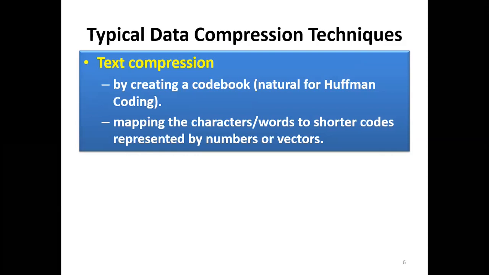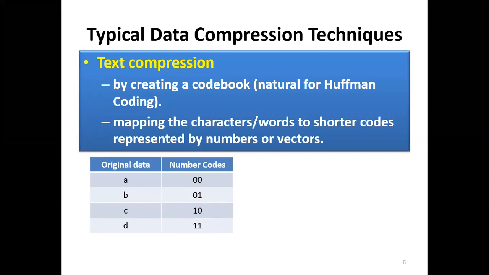We can also use a different method, like creating a code word to represent the data that we have compressed. And we can as well use number vectors to represent the data. This is just an example of what we mean by number code.